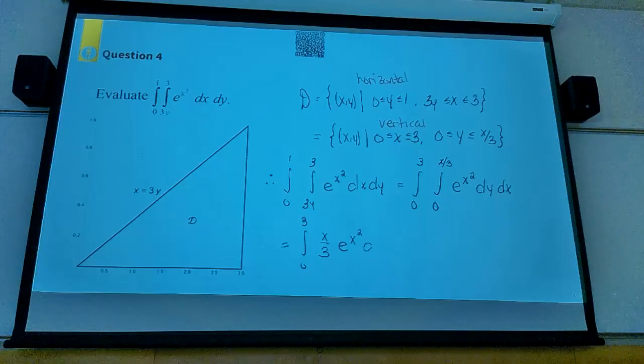But x over 3 times e to the x squared has an antiderivative. That's a u sub problem. The derivative of x squared is 2x. We have an x, we don't have a 2, so we're going to multiply the result by 1/6.